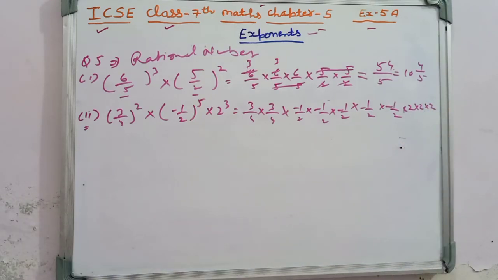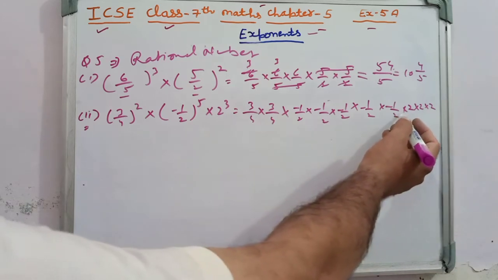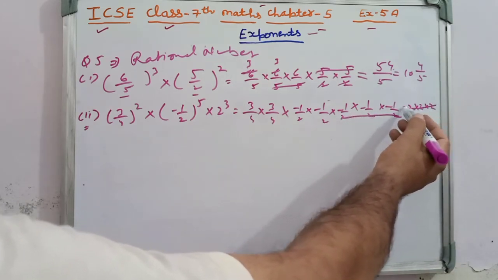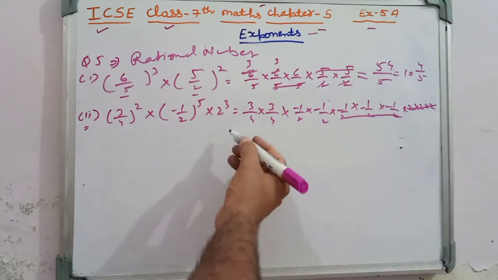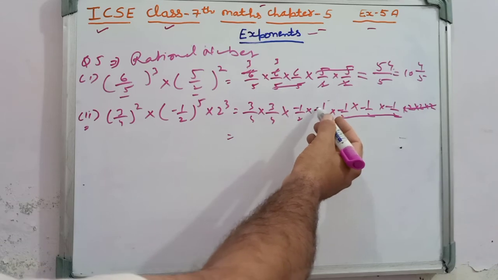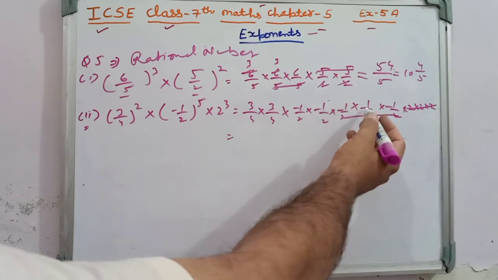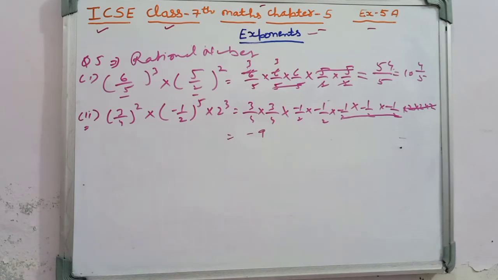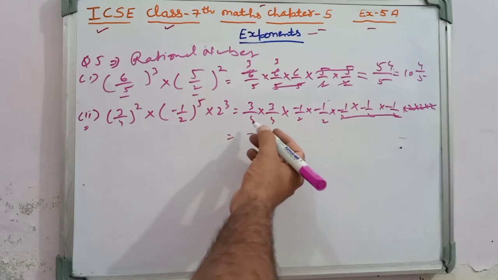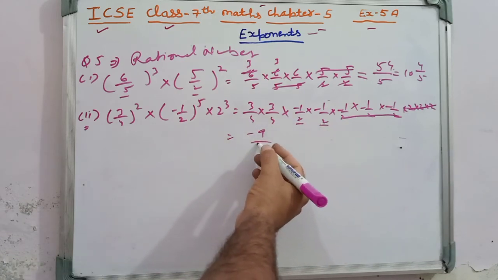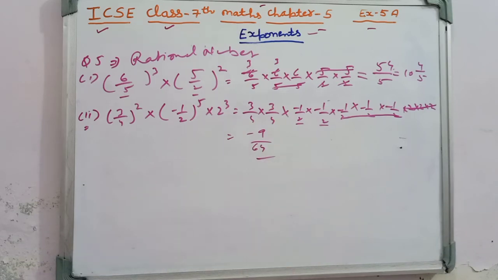So these three are cancelled with these three. Now 3 3 is 9. Minus minus plus, minus minus plus, plus minus minus. So this will become minus 9, and this will become 4 4 ja 16, 2 ja 32, 2 ja 64. So this will be our answer.